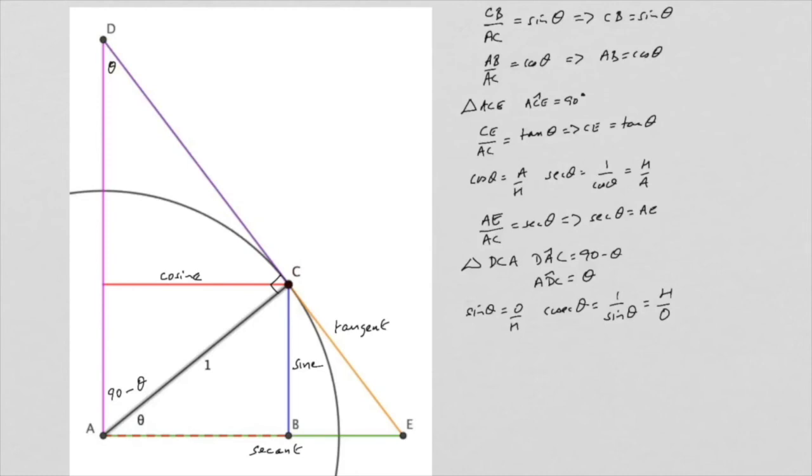So anyway, we can say that cosec theta is equal to the hypotenuse, which in this triangle is AD, over the opposite, which is AC, and this tells us that cosec theta, again using the fact that AC is 1, must be equal to AD. So the pink line is called the cosecant.